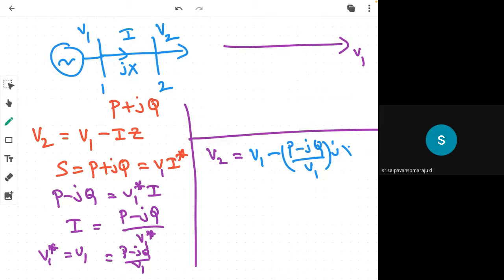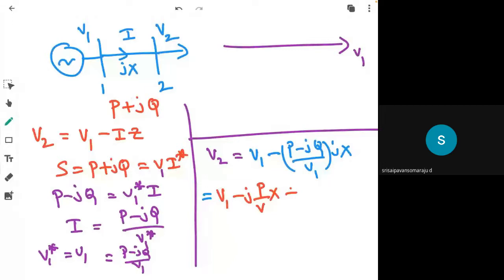Now let us separate the terms. V1 minus P by V1 into Jx, plus the next one, Q into X by V1 into J square. J square is equal to minus 1.